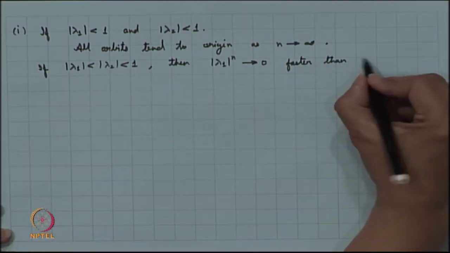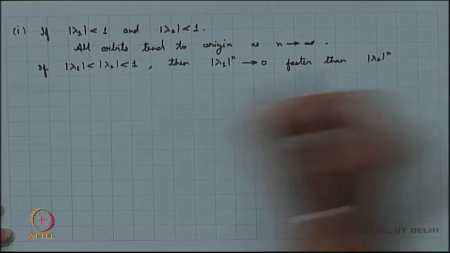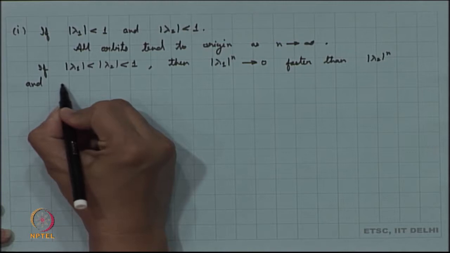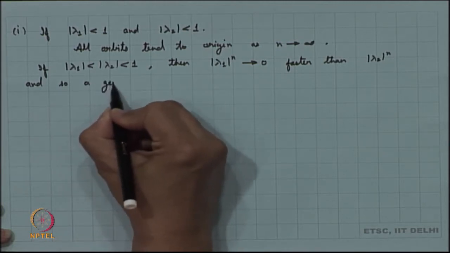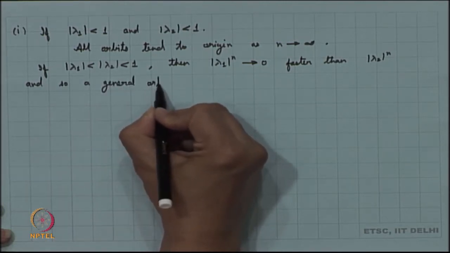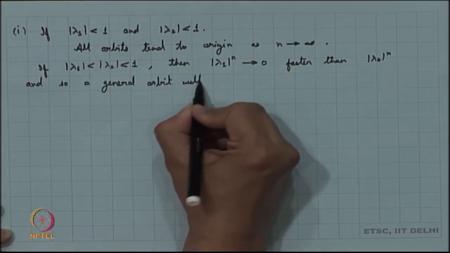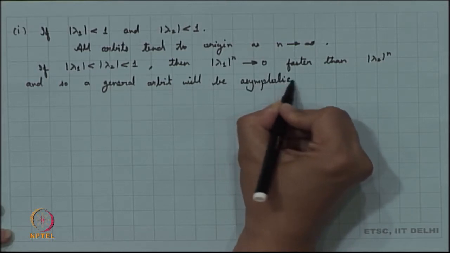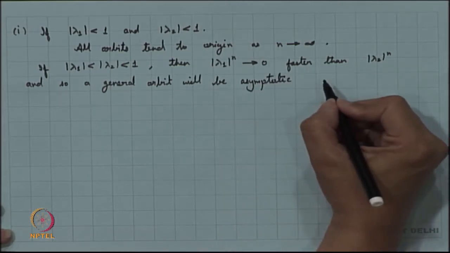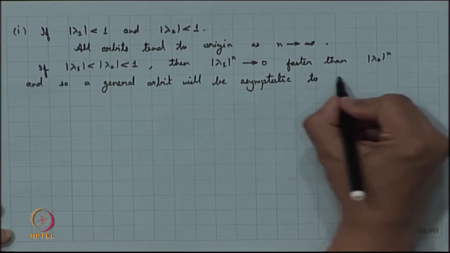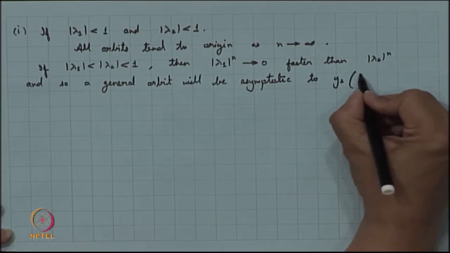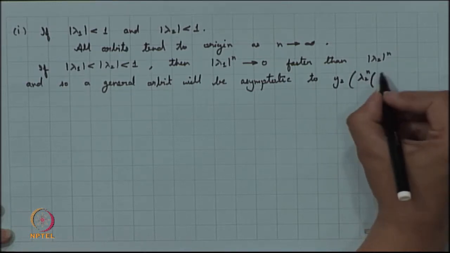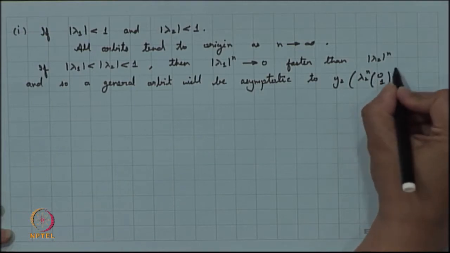So, it tends to 0 faster than mod of lambda 2 to the power n, and hence the general orbit will be asymptotic to y2, or I should say it would be lambda 2 to the power n times (0, 1).